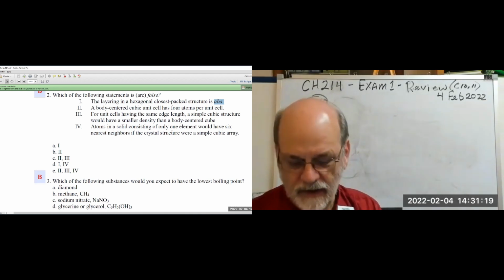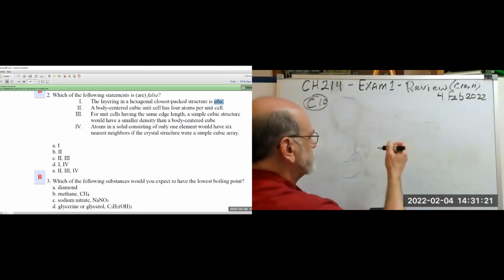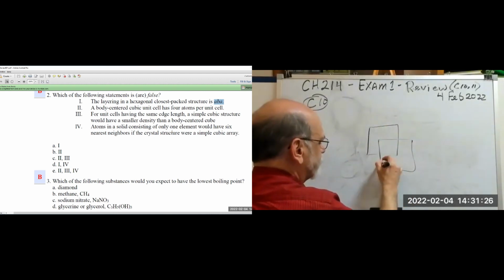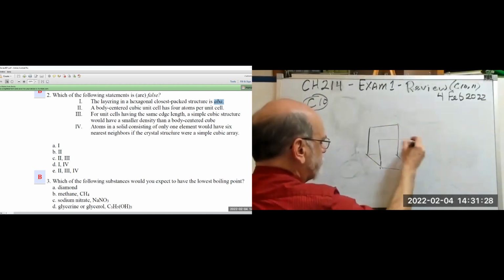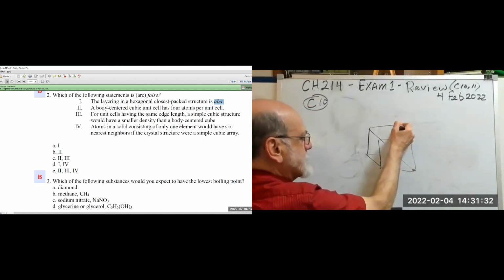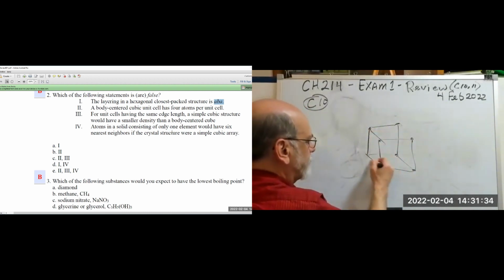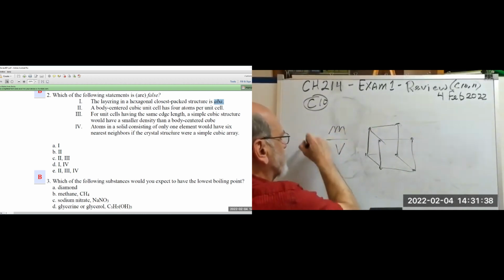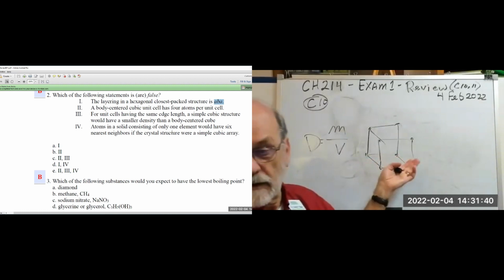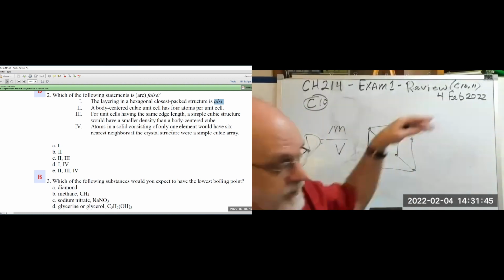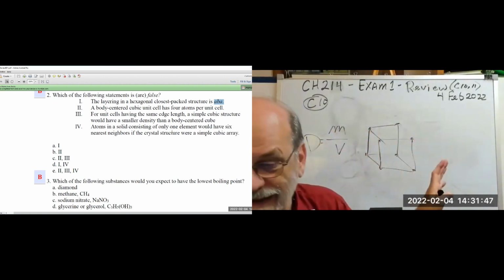So a simple cubic cell only has mass at the corners. Right? So mass divided by volume is a certain value. But if you stick another mass in the center, you increase the mass for the same volume.